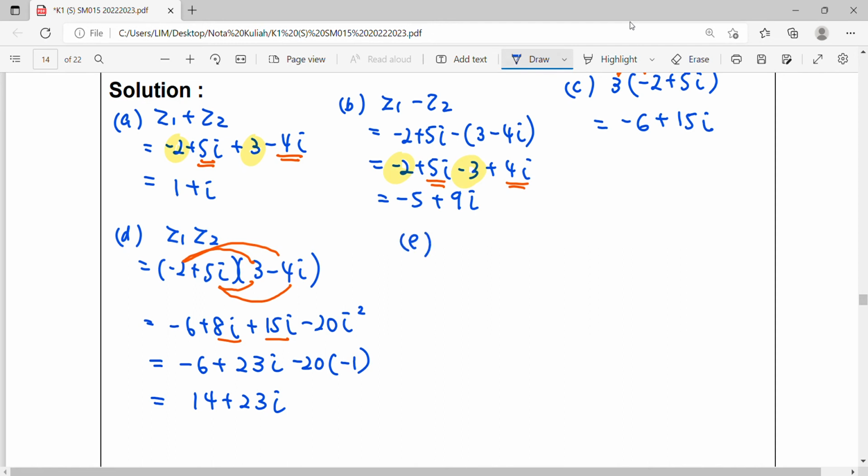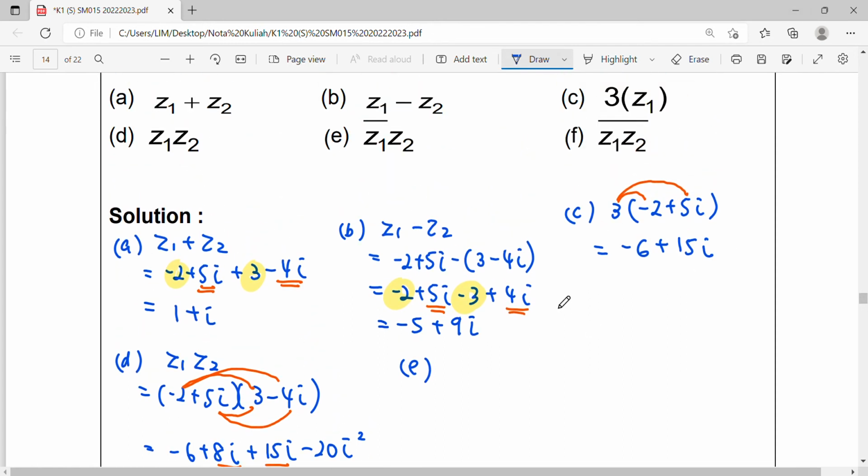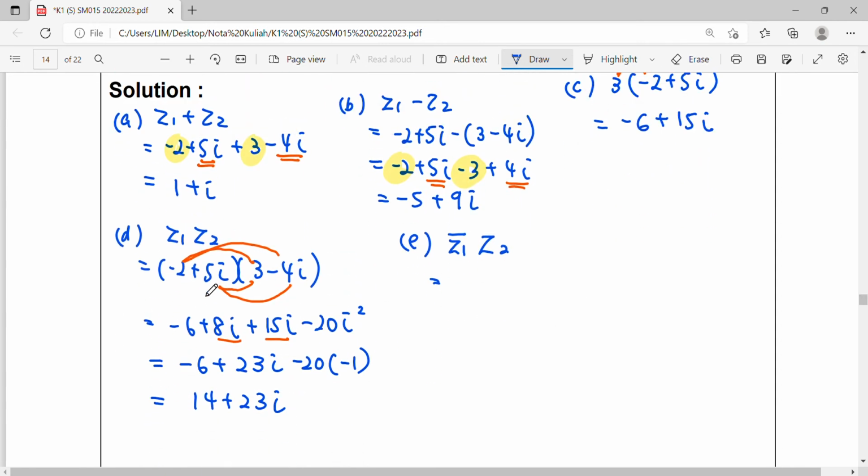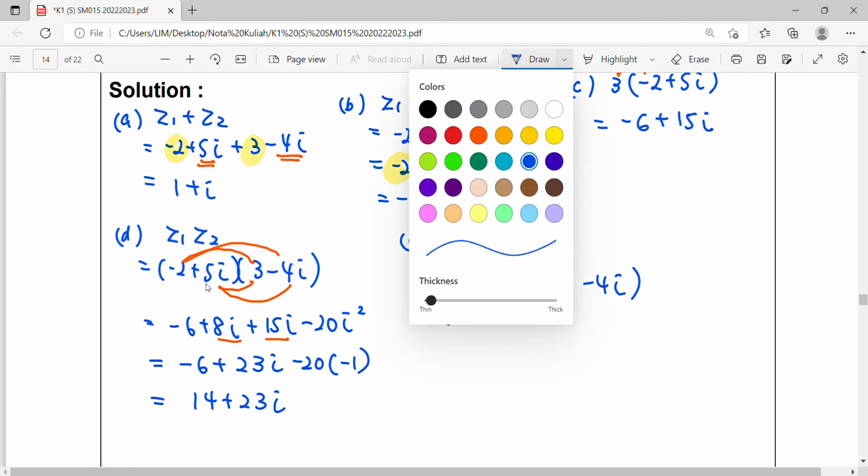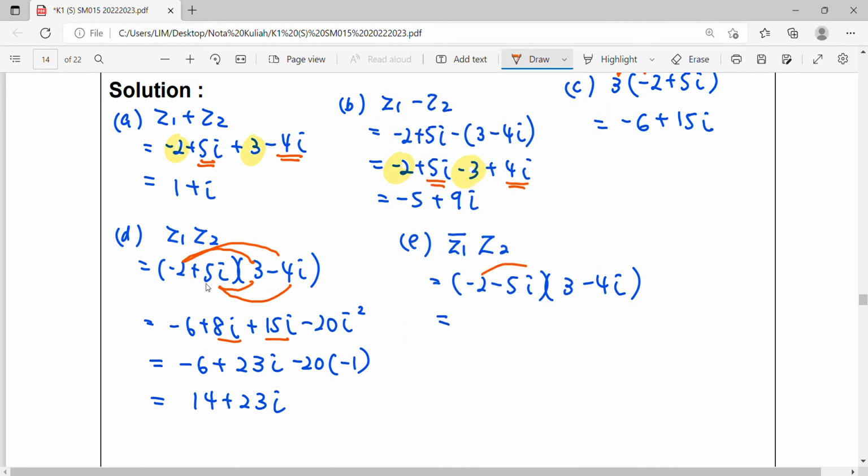So question E, it will be conjugate of Z1 times Z2. So conjugate of Z1 means we need to change the sign of the imaginary part here, becoming -5i, times Z2, 3 minus 4i. Okay, so we repeat the procedure of multiplication, expand.